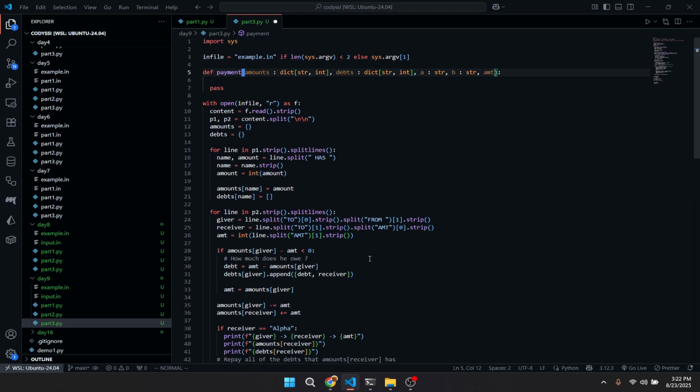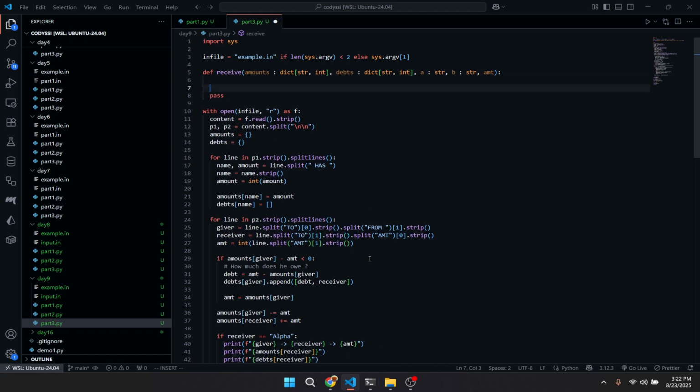Maybe we can do something like receive, right? So when somebody just receives money, do you really care who they received it from? Not really. You care just about the receiver, and you care about paying it back.